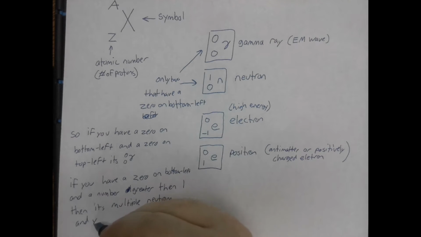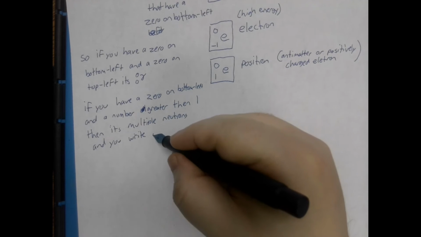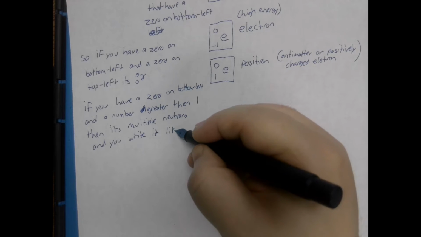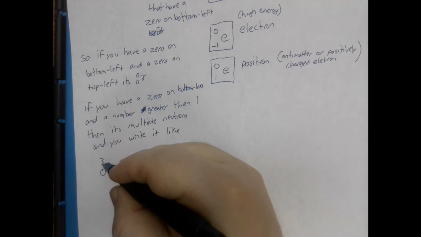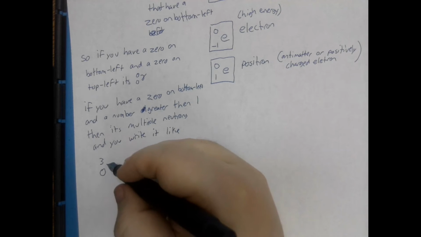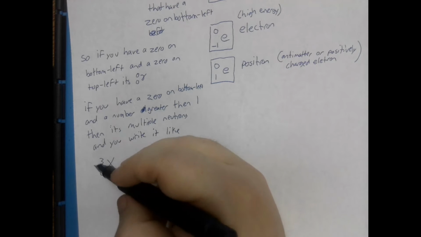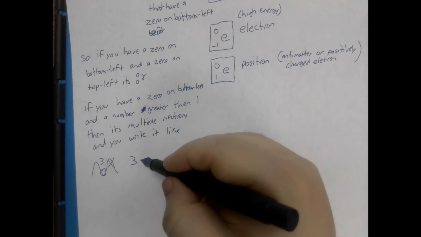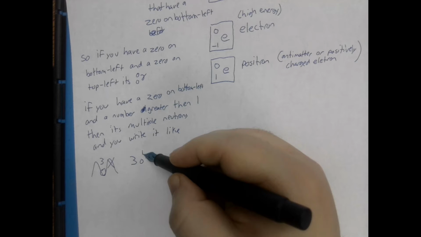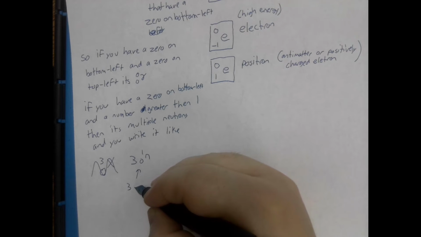And you would write it. So, for example, if you wind up with a 0 and a 3, and you don't know what the symbol is, note that this doesn't exist. Instead, you would write it as 3 neutrons, like this. 3 neutrons.